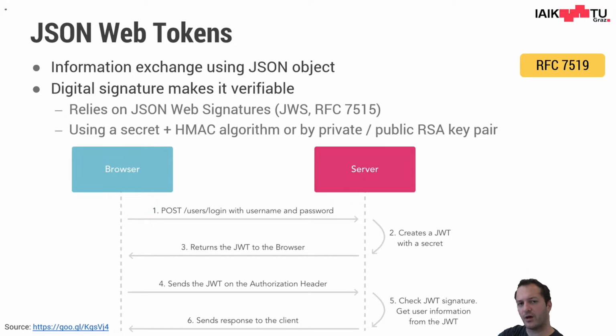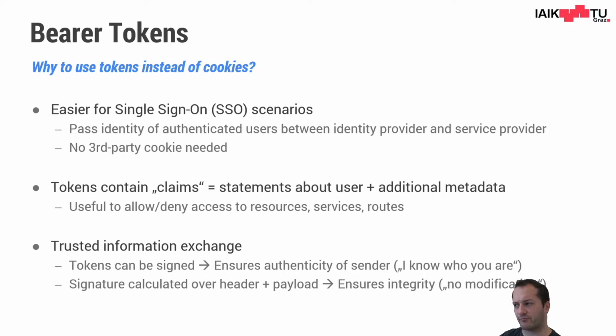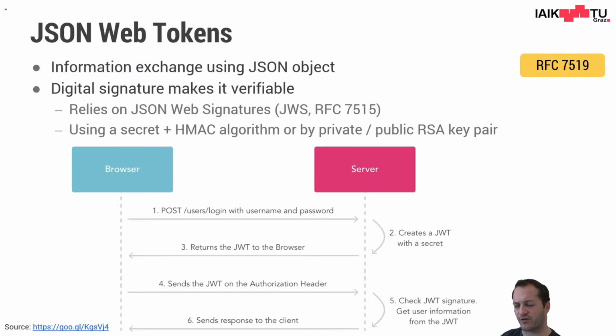The cool thing is you can use this to not only store a session ID, but also something like first name, last name, or additional information which you do not want to be stored on the server. You probably want to have this stored on the client side, but you can use a web token just to sign it, to make sure, okay, this is something I'm aware of as a server, and nobody should ever play around with, like credit card information.